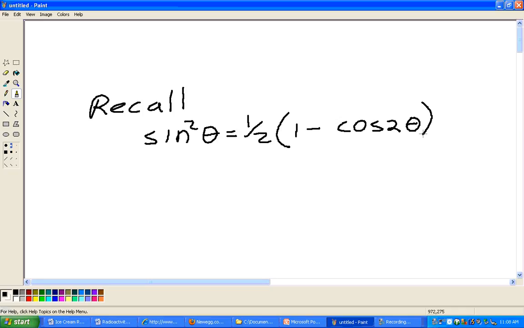That's probably the most often substitution that you're going to make. On your handout, if you're looking at your old trig identities, we call that the half angle because one is half of the other.